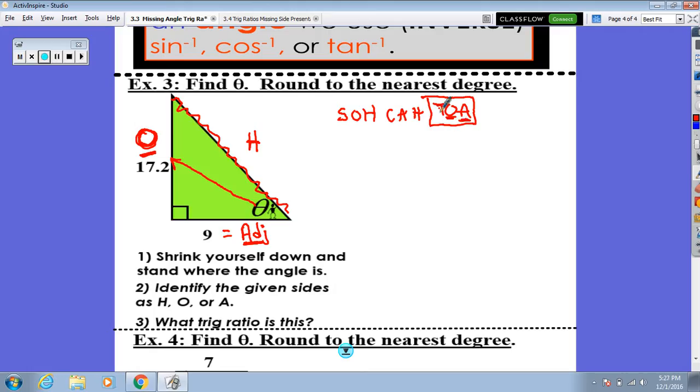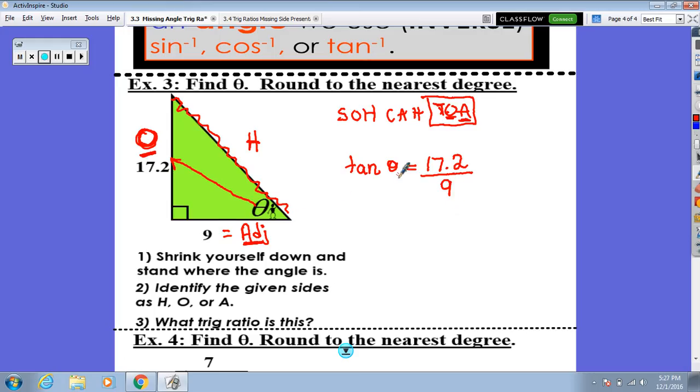And remember, the T is just for tangent. So we're going to do the tangent of theta, because they gave me theta this time and not x. That's the only difference. Okay, opposite side is 17.2 divided by adjacent, and the adjacent side is 9.